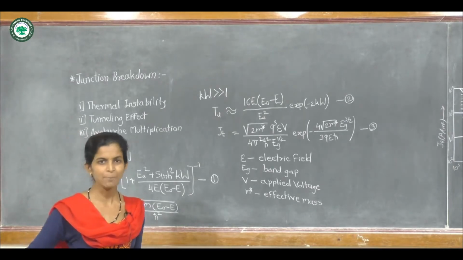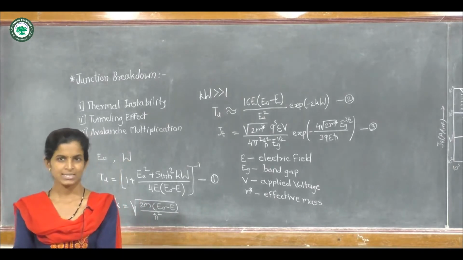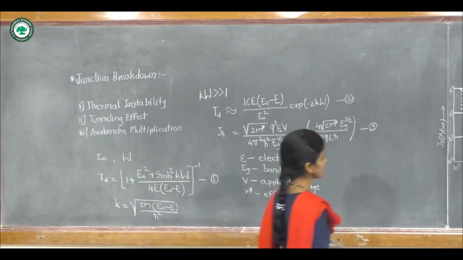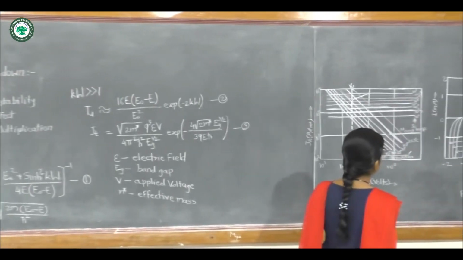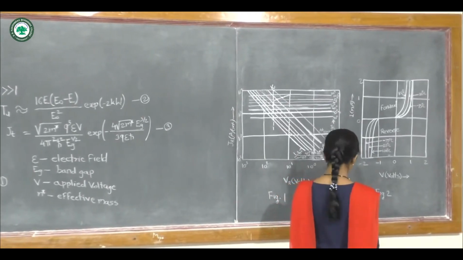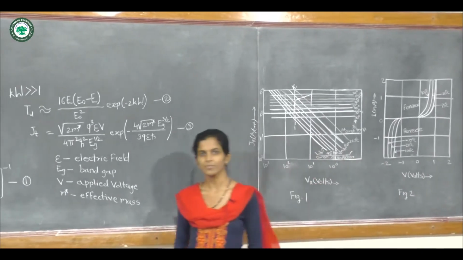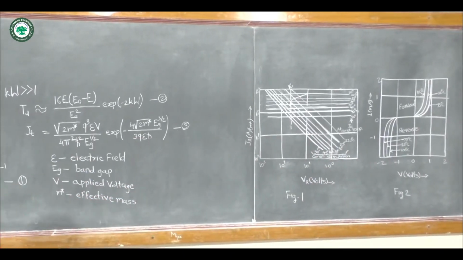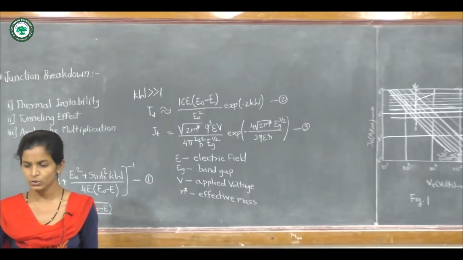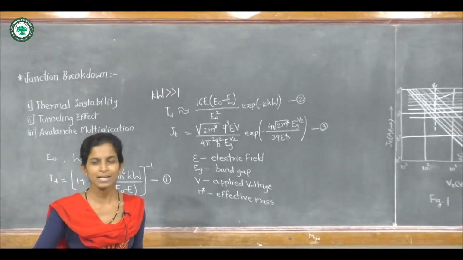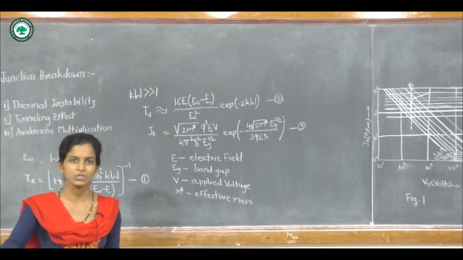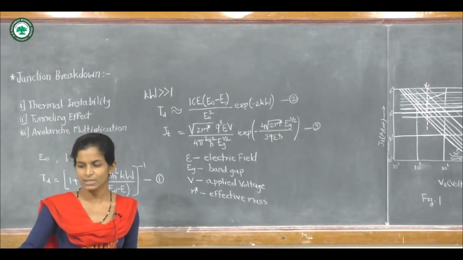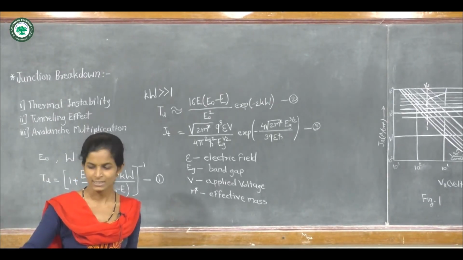A typical example of this is given in this figure number 2, which gives the breakdown voltages at different temperatures, and the temperature effect is generally used to distinguish the tunneling mechanism from avalanche mechanism, which has positive temperature coefficient. That is, breakdown voltage increases with increasing temperature.